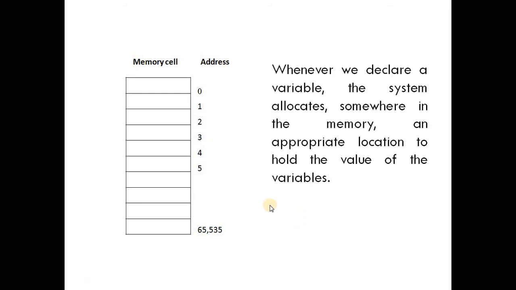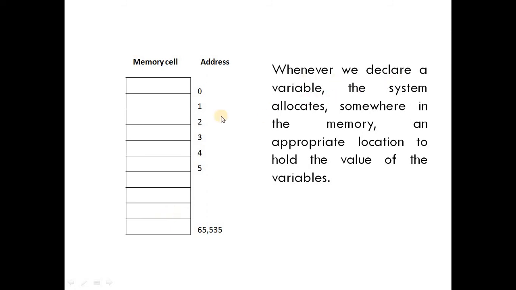Whenever we declare a variable, the system allocates somewhere in the memory an appropriate location to hold the value of the variable. So this memory will be allocated to variables, instructions, and data. Some bytes may be free, some bytes may be allocated.